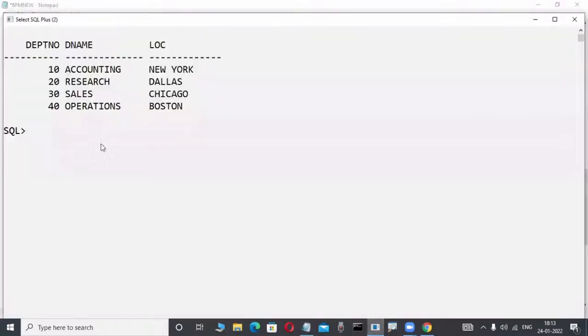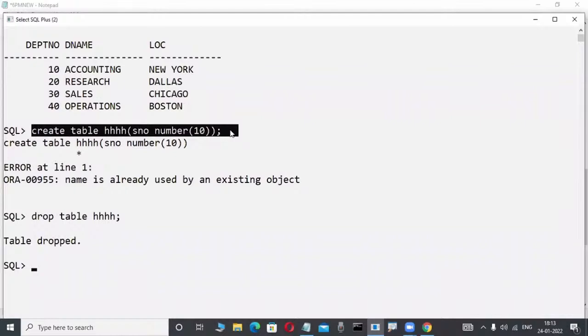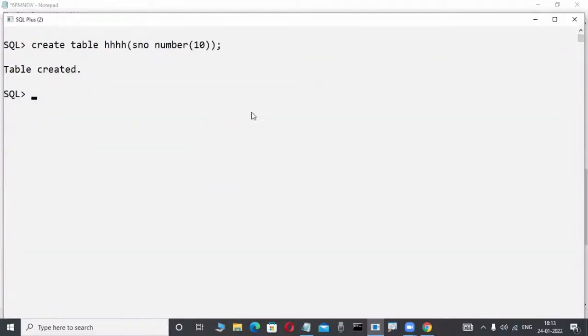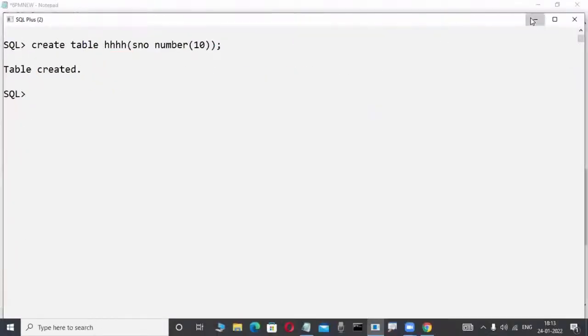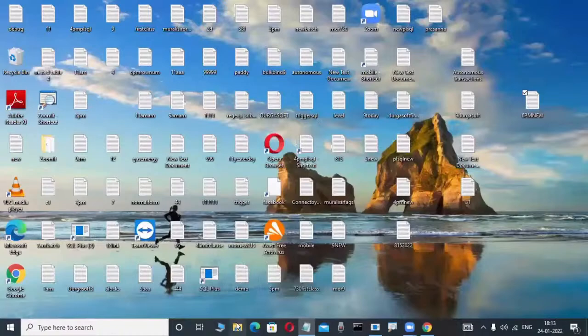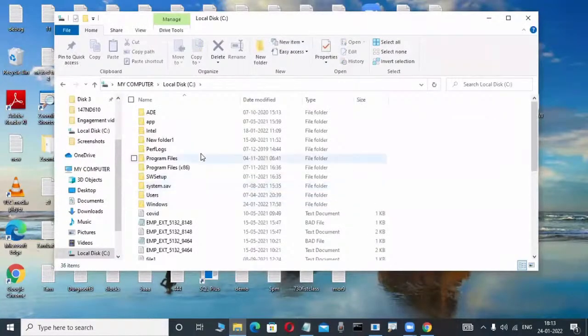Suppose you are creating a table or anything in your database, for example. Whenever I am creating a table, observe here, it is not visible in the operating system. I am installing Oracle in my system, how to install it we will learn in the next classes, don't worry.